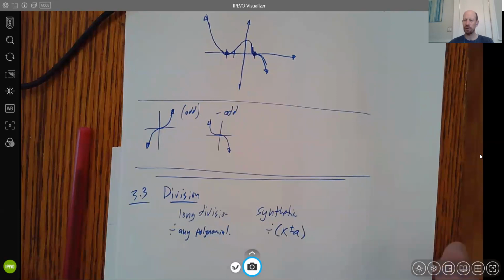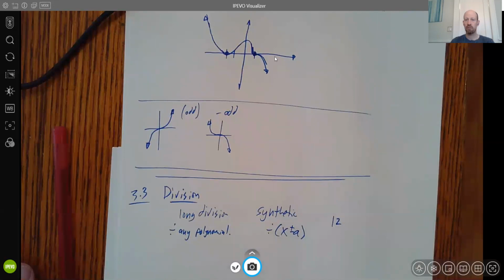Remember what happens when you divide. If I take 12 divided by 3, we get 4, and what that means, of course, is 12 is equal to 4 times 3. And there's no remainder, right?